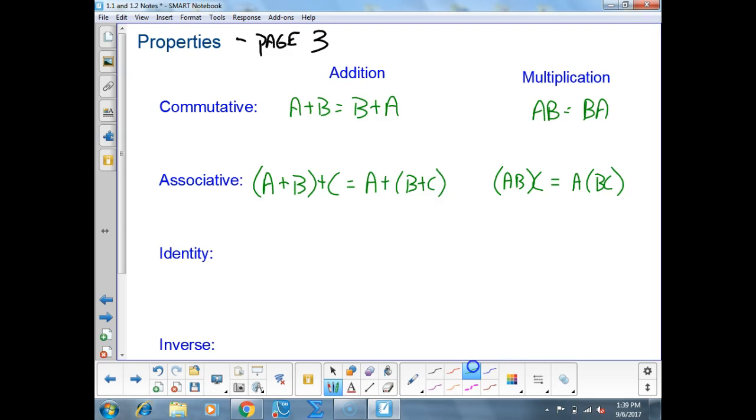Okay? Both of those properties tell you the exact same thing. What do they tell you? What do they really truly tell you? In multiplication and in addition, what?